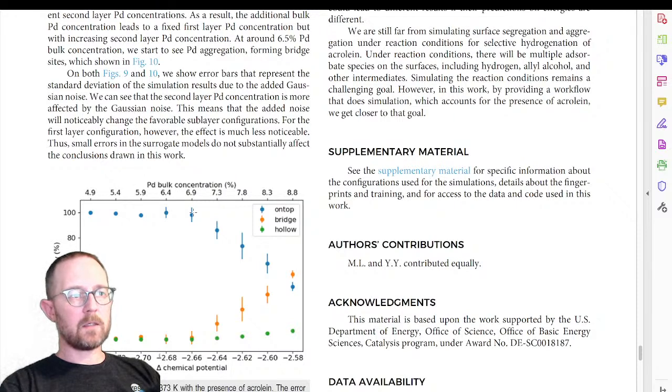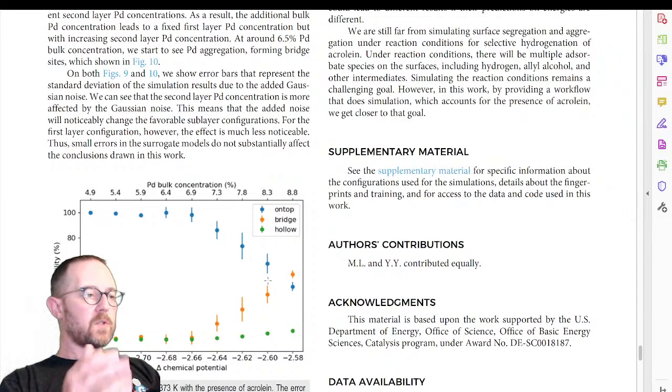After that, down here you see no hollow sites, which means there are no trimers of palladium, and no bridge sites, which means there are no dimers of palladium. Around 7% here, that starts to go up from 0, where you see an increase in the number of dimers. What we know in catalysis is the single atom limit is good for high selectivity, and once you get dimers, then you lose the selectivity because of the palladium-palladium interactions.